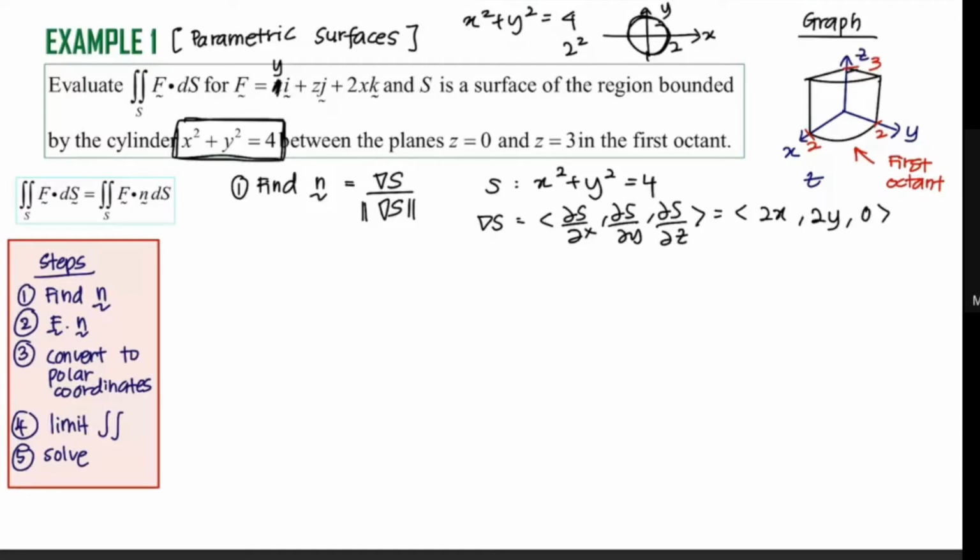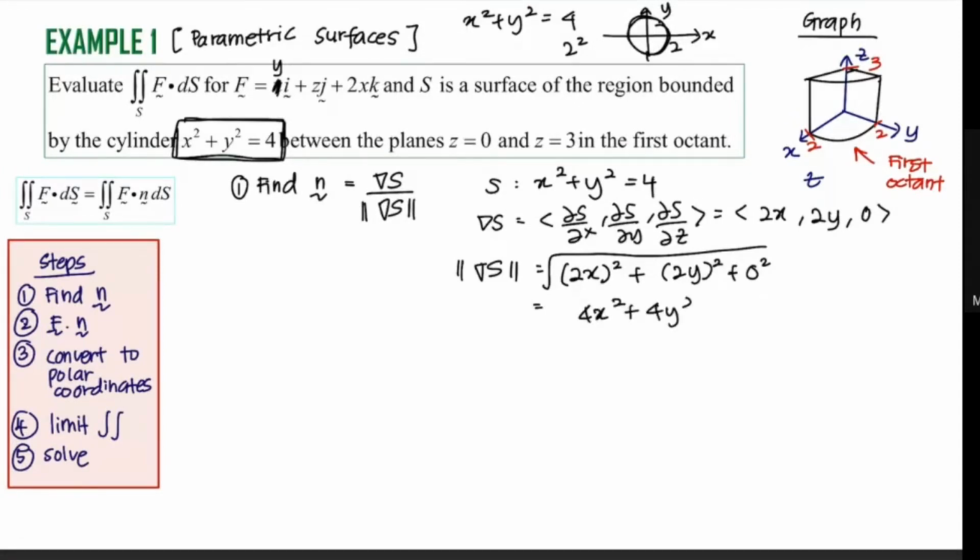And then find the magnitude. So we have the square root of 2x squared plus 2y squared plus 0 squared, and we get 4x squared plus 4y squared.